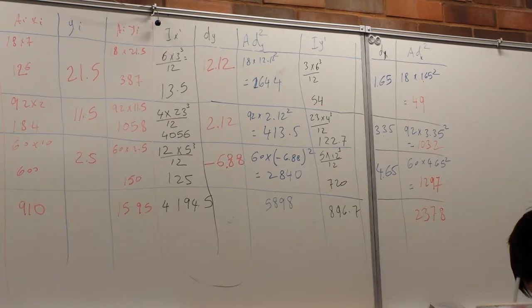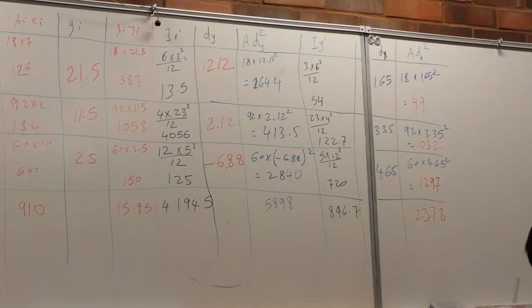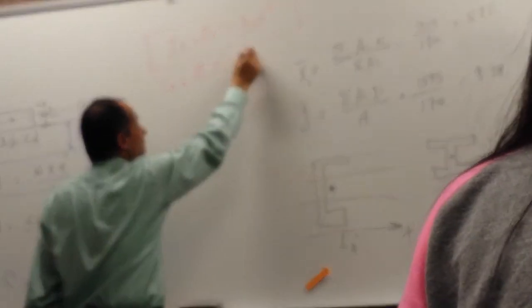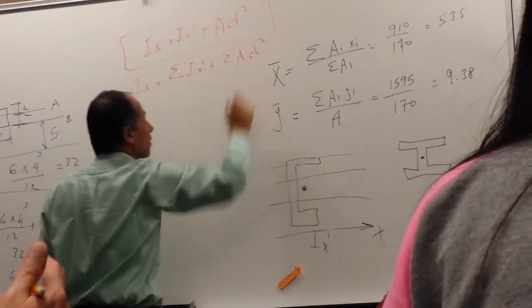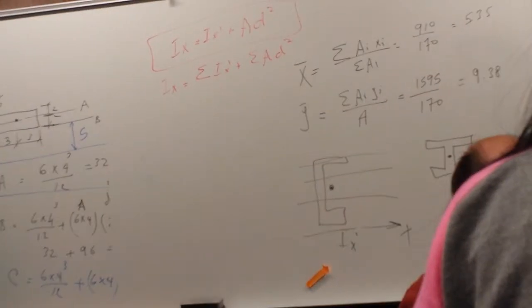Here is the main idea for Ix. In this case, Ix total is sum of Ix prime plus sum of A d squared. Agree? Generally.